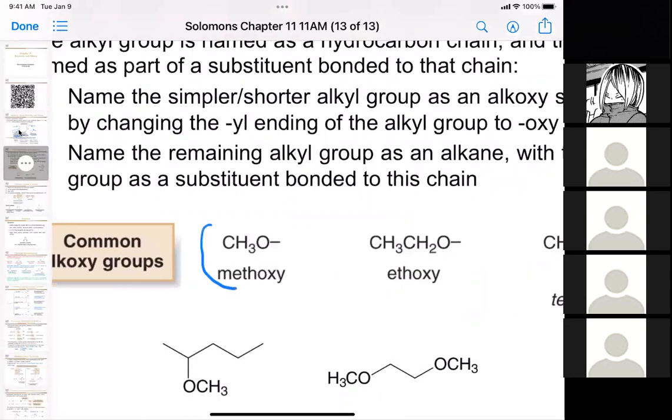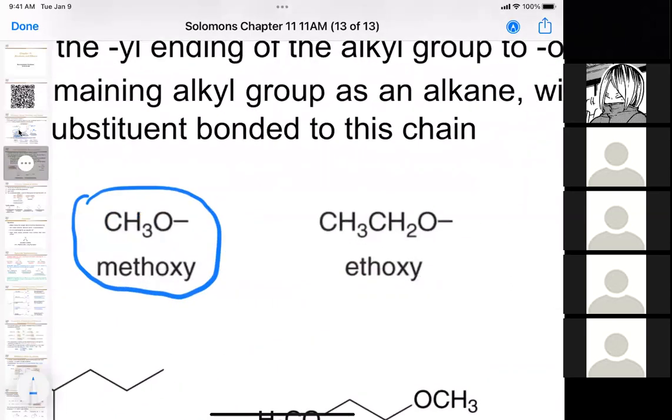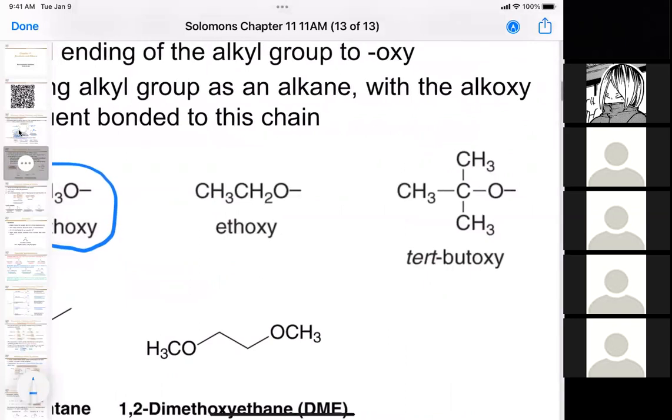So when we have 1 carbon, that's meth. Oxygen is oxy. So 1 carbon plus an oxygen is the methoxy pendant group. 2 carbons, ethoxy. If you had an isopropyl group, there would be isopropyloxy. In the case of this t-butyl group, t-butyl plus oxy, t-butoxy or tert-butoxy as the functional group.